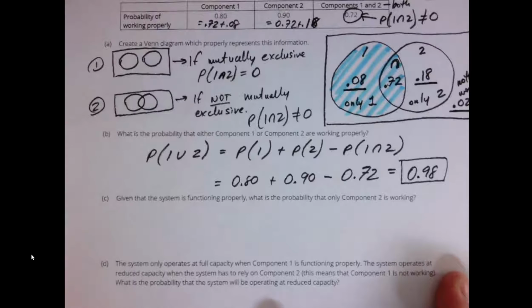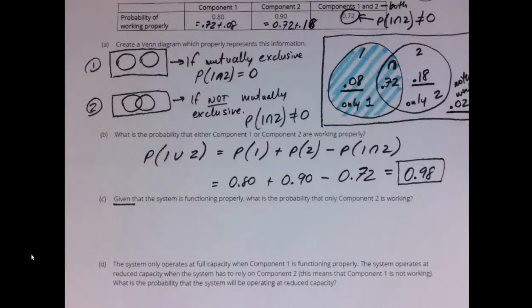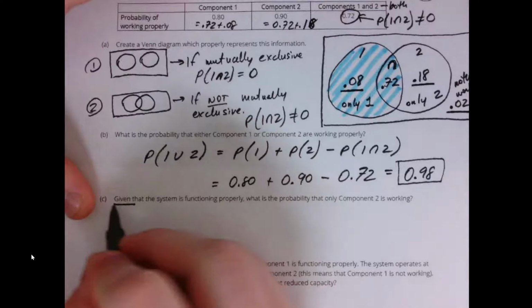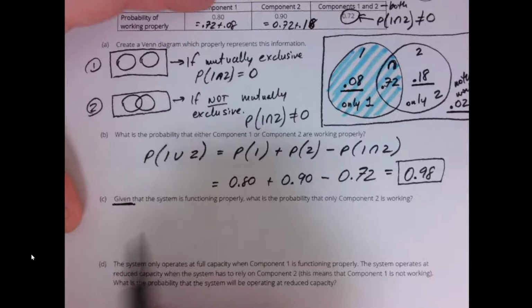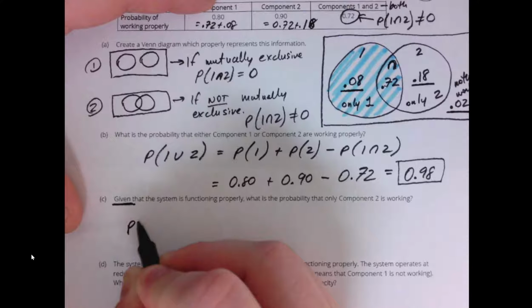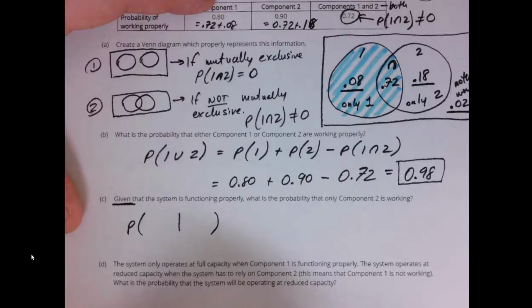Okay, part C. Given that the system is functioning properly, what is the probability that only component 2 is working? Okay, I underlined this word because that gives me a key to think about what is the probability, and I write out this given case.